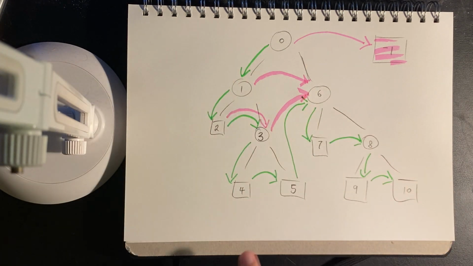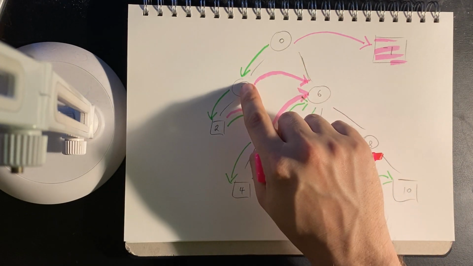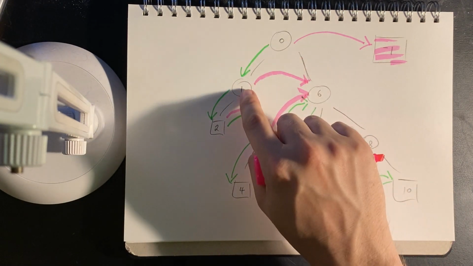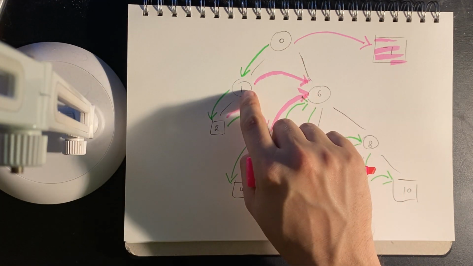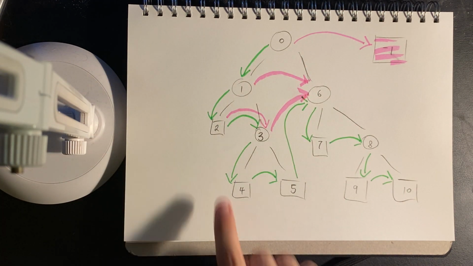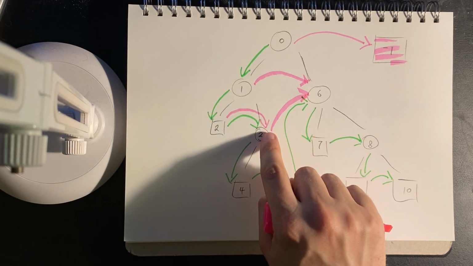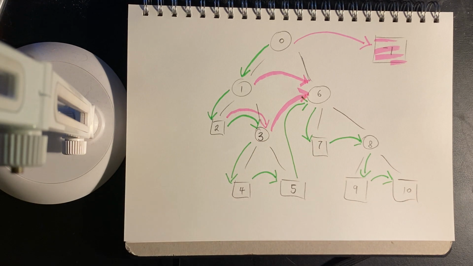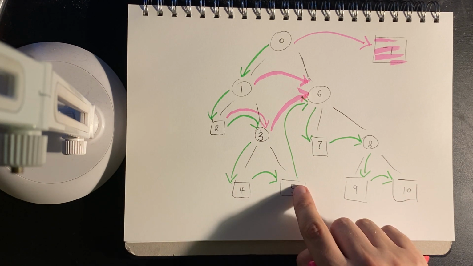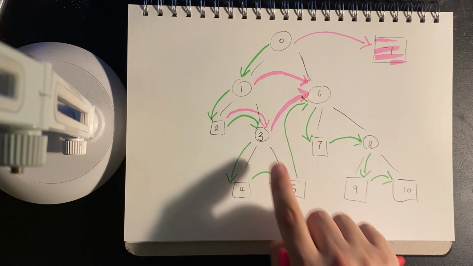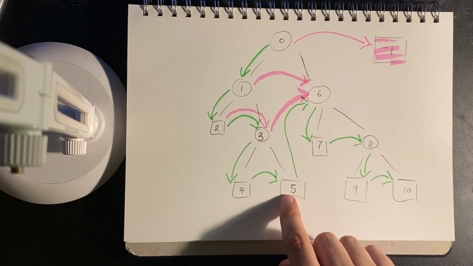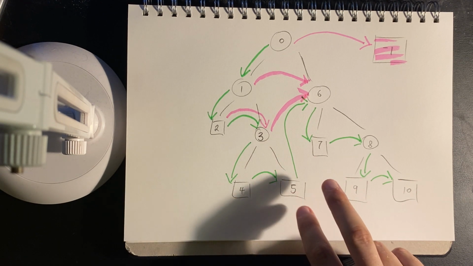So for a success, if the node is internal, then the success node is its left child. If the node is external, then the success node is the right child of its parent. And if the node is external and it is the right child, let's say that the right child function is recursive.